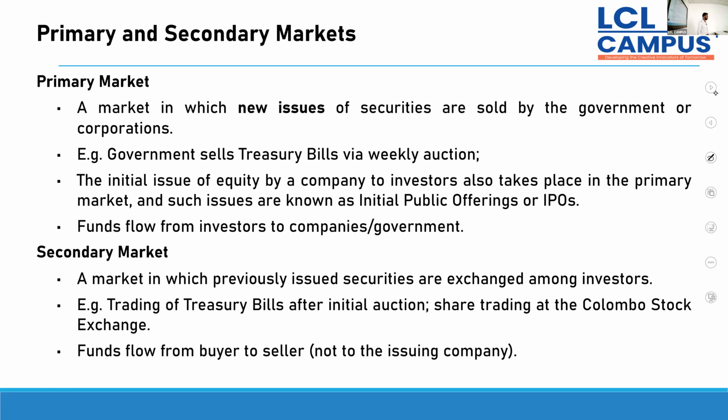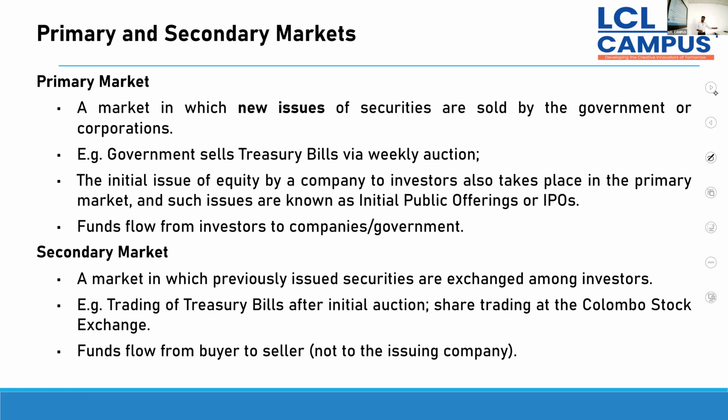Someone has purchased those shares. Now the shareholder can trade those shares in which market? Secondary market. That's the thing. So all the initial issues should be sold in the primary market.